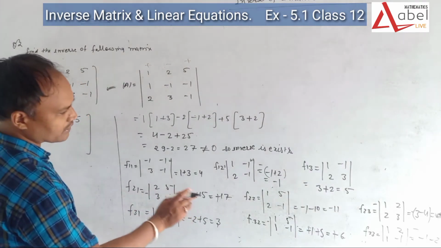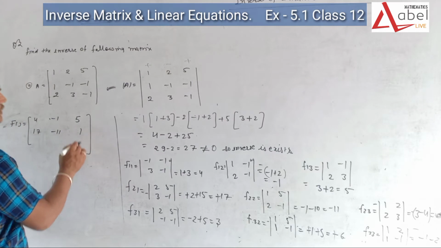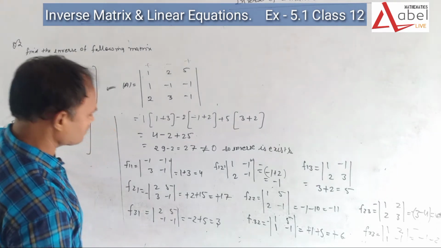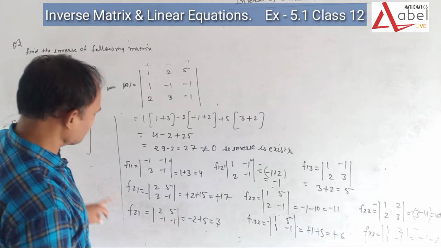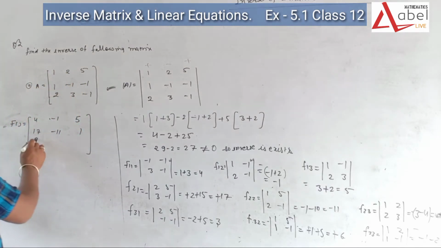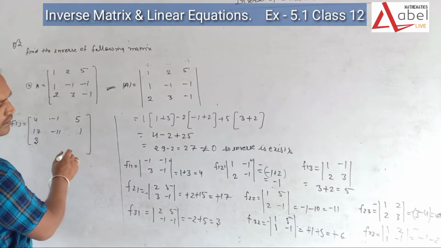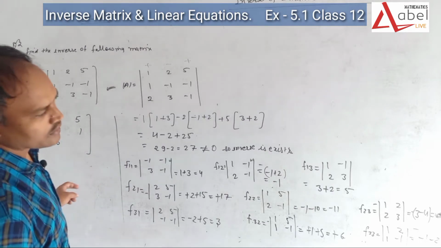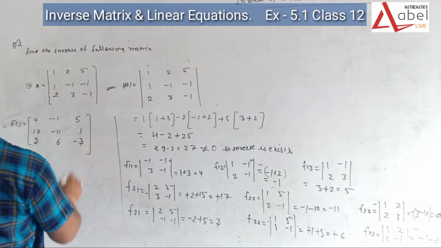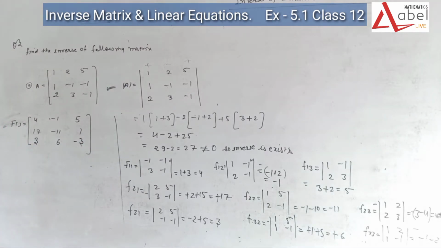What about here? It is minus 11 and 1. Then it is 3, 6 and minus 3. So these are the values of Fij.